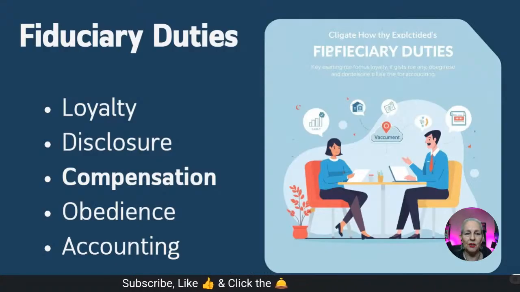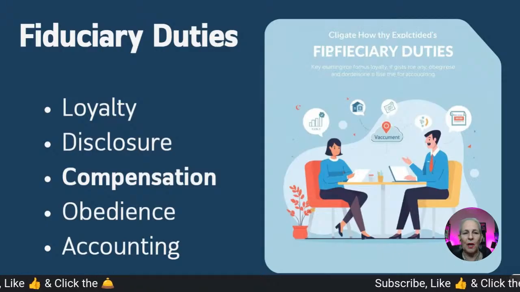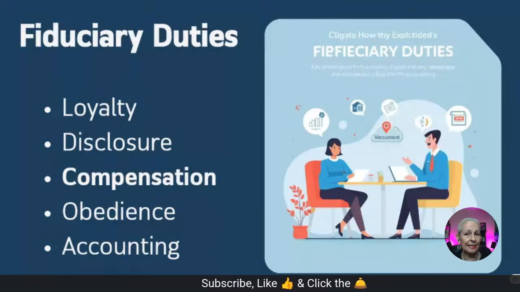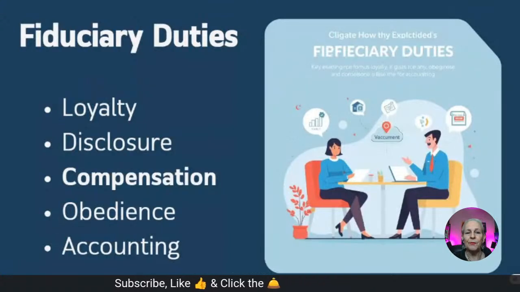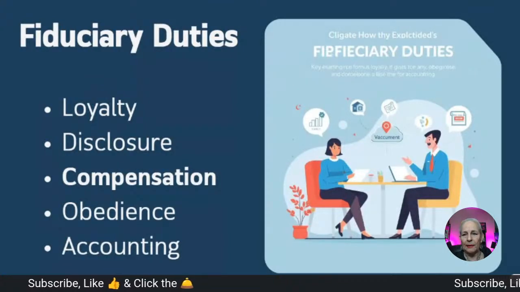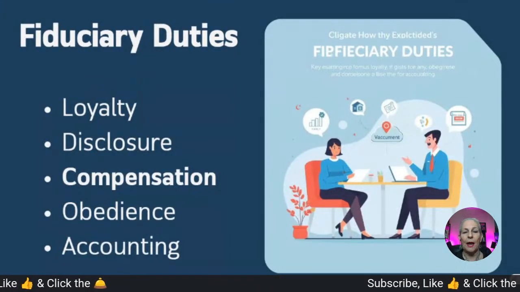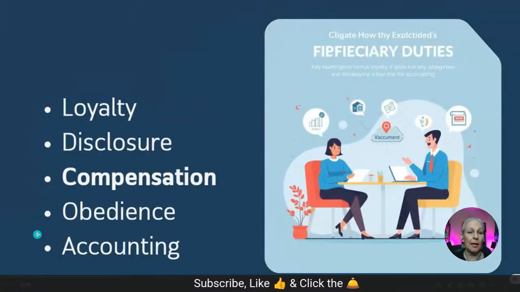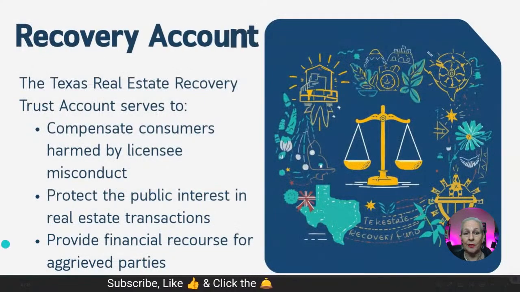And the clients trust them. Obedience. So we're obeying our clients to follow their instructions in their purchase or their sale or renting and being a landlord. And accounting, having accountability and keeping track of all our duties with our clients and negotiating with them.